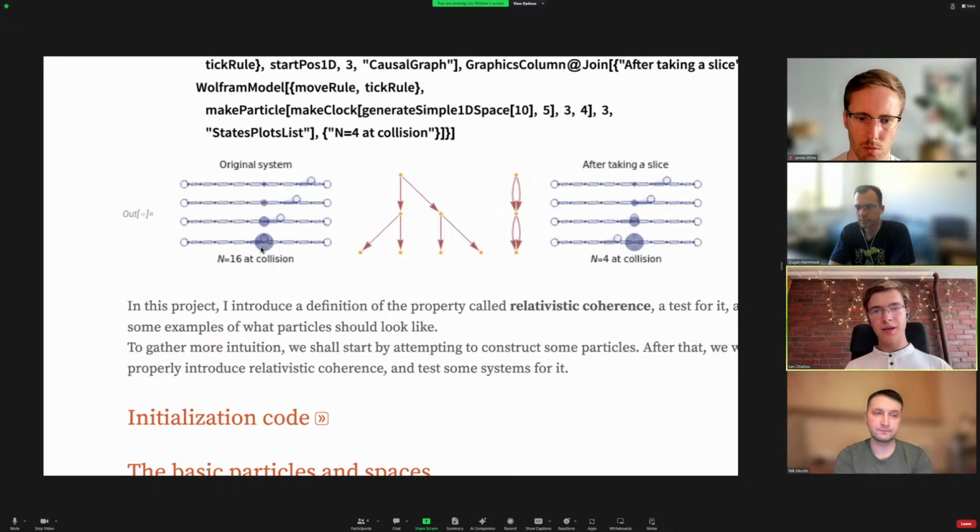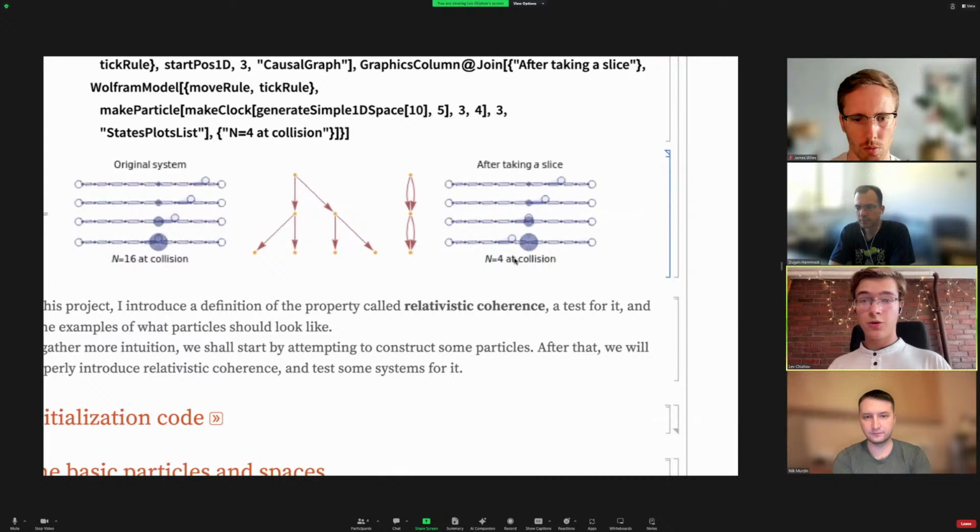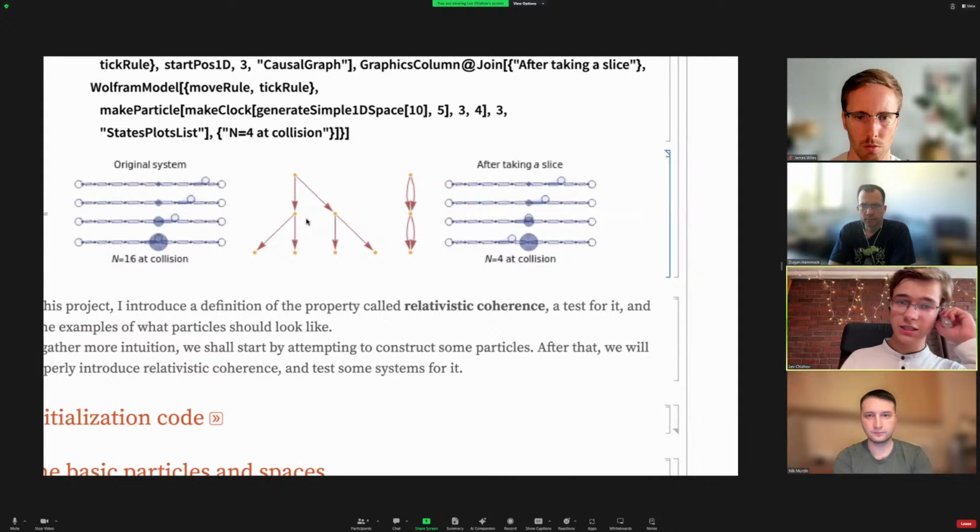However, if we apply the Lorentz transformation from special relativity, then we are going to see that the number of rings around the clock is actually less, because here we did this tilted slice as is required by the Lorentz transformation.